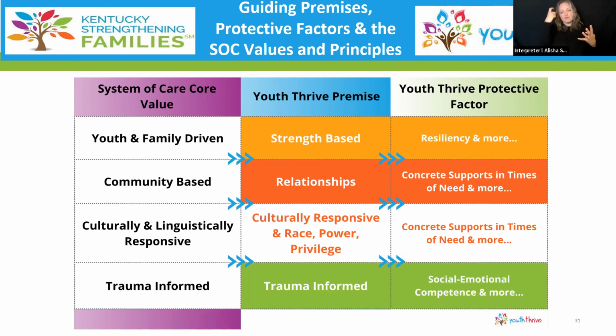So you see here at this crosswalk, all of the System of Care core values match up with a premise, which then matches up with a protective factor. So an example would be if you are really focusing on being more youth and family driven in your care setting, then you're probably being strength-based as your premise. You see young people and families and you see the value they bring to the team.